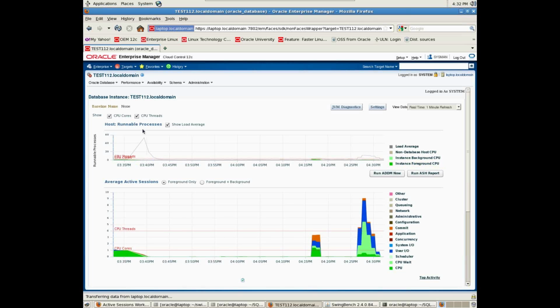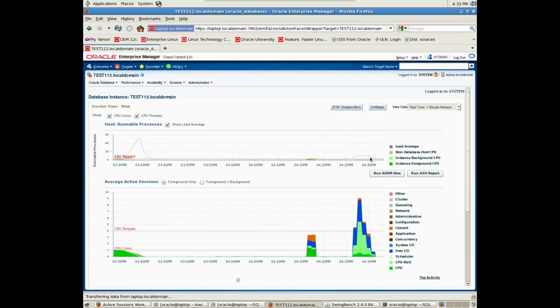The scale hadn't changed so much from some stuff I did earlier, but we can always look at the operating system run queue information here. And the fact that this load average is way above the number of CPUs and CPU threads I've got is another indication that fundamentally your CPU is overloaded. Sorry, you've consumed all your CPU resources.